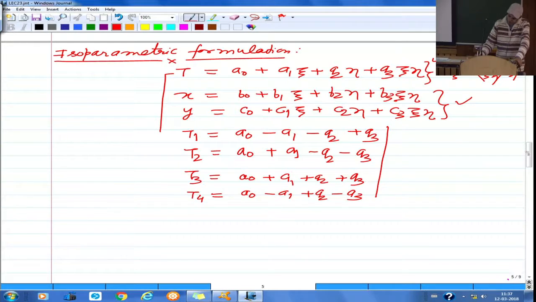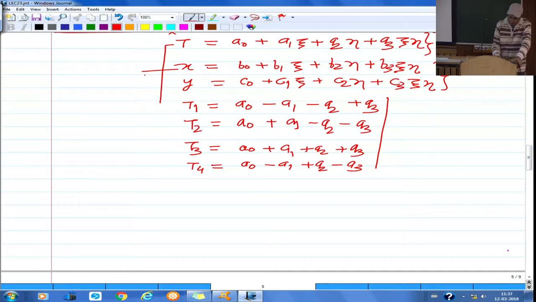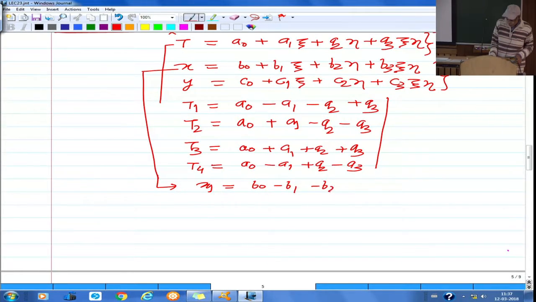Similar equations you can write for x and y also. For example, for x, x1 is the value of the x coordinate in the physical coordinate space at node 1. The corresponding xi and eta values are -1, -1. So you get b0 - b1 - b2 + b3, because -1 into -1 becomes plus.